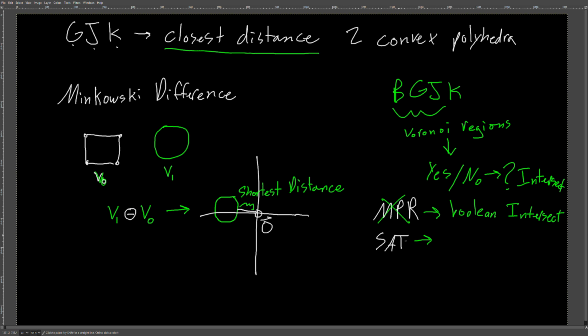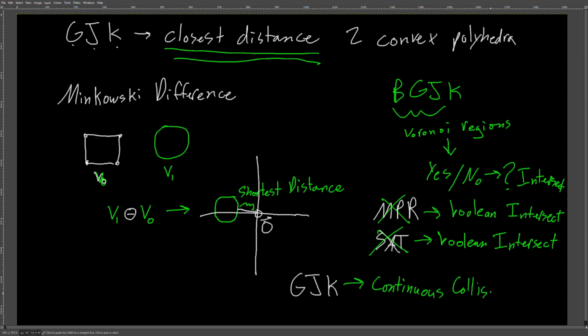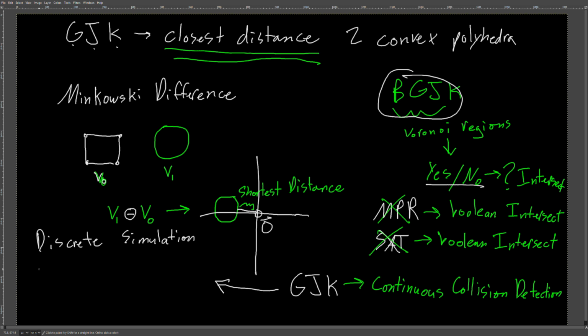Just to re-emphasize, the other algorithms that we could be using primarily focus on just true or false intersection cases, and we really do want to try to find the closest distance between objects, primarily because we could use this in a computational physics setting as well.